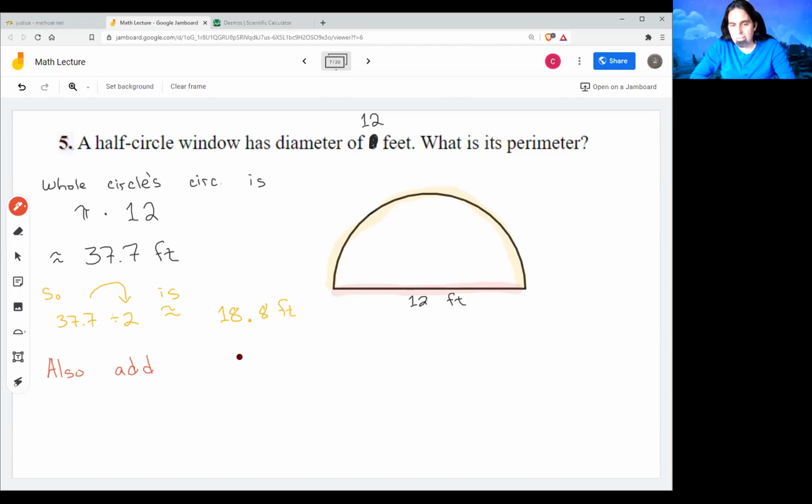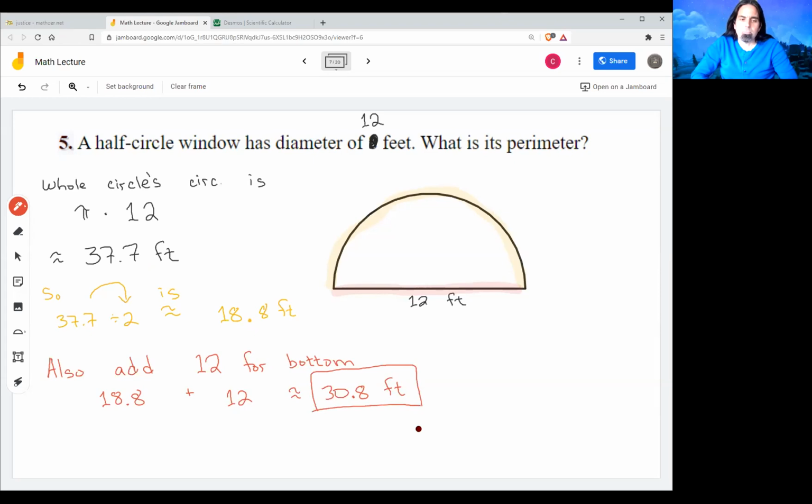Yep, that's just 12 going from here to there. Ta-da.